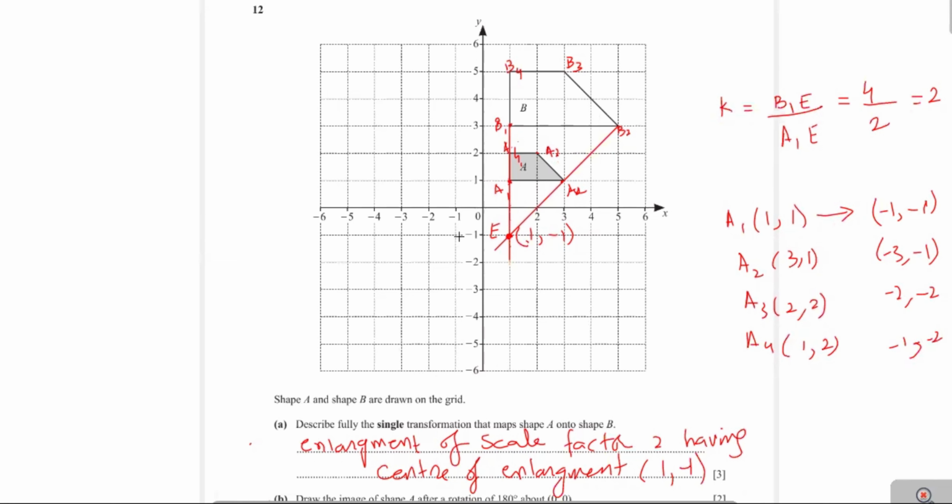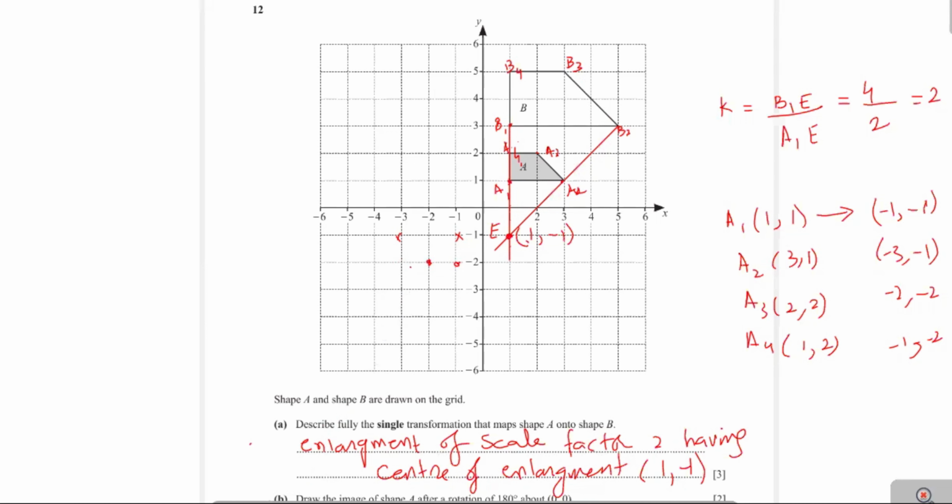We mark these points: (-1, -1), next (-3, -1), then (-2, -2), and last (-1, -2).